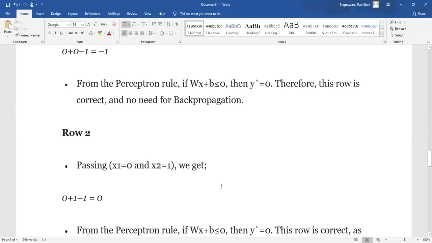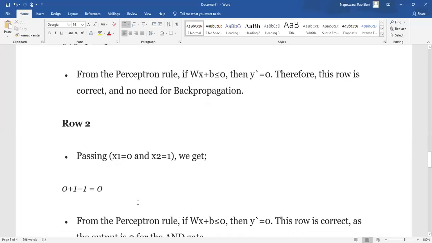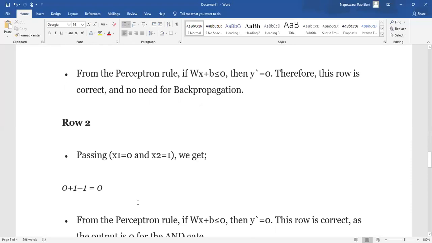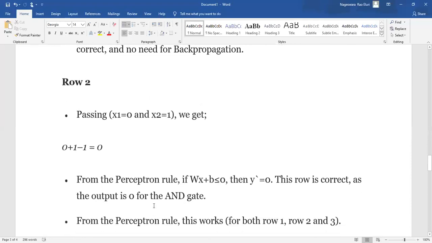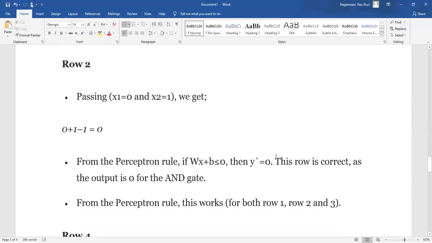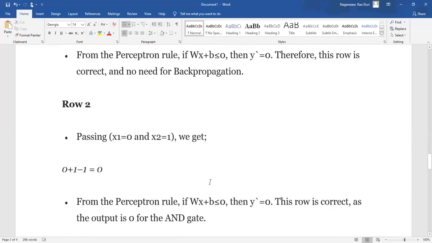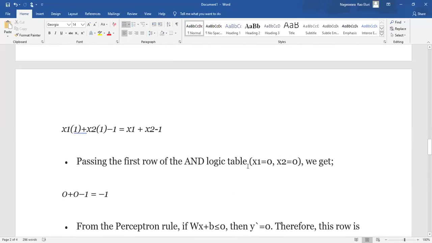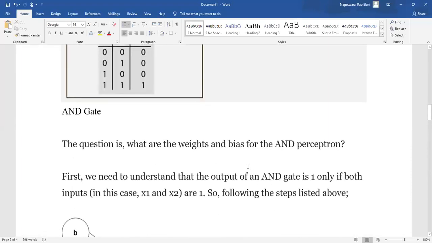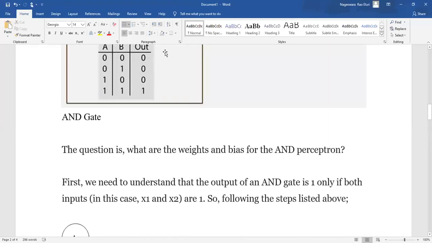Substituting the values 0 and 1, you get 0 plus 1 minus 1 equal to 0. So 0 plus 1 is 1, 1 minus 1 is 0. For the perceptron rule, x plus b less than or equal to 0 gives output 0. So this output is also correct, and the output is 0 for the AND gate also. Just compare with row 2 from the AND gate. Here also the output is 0.